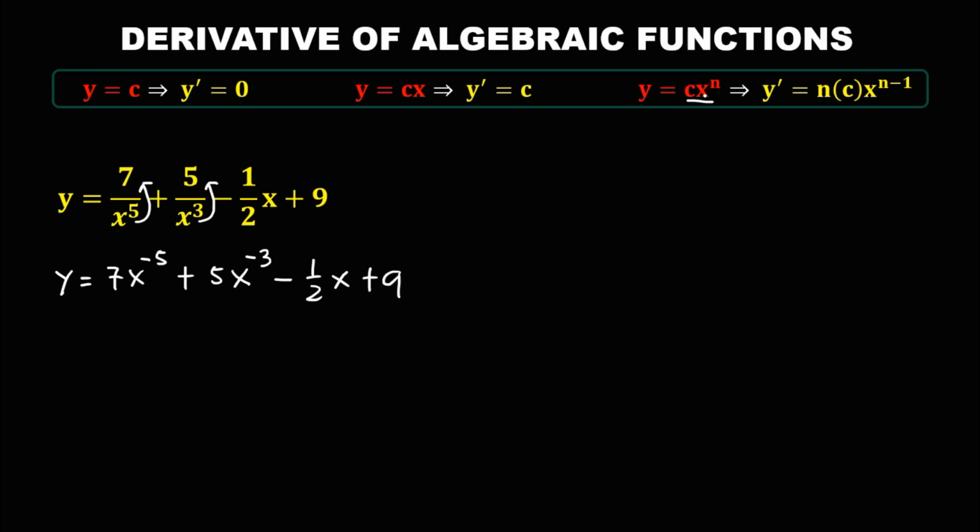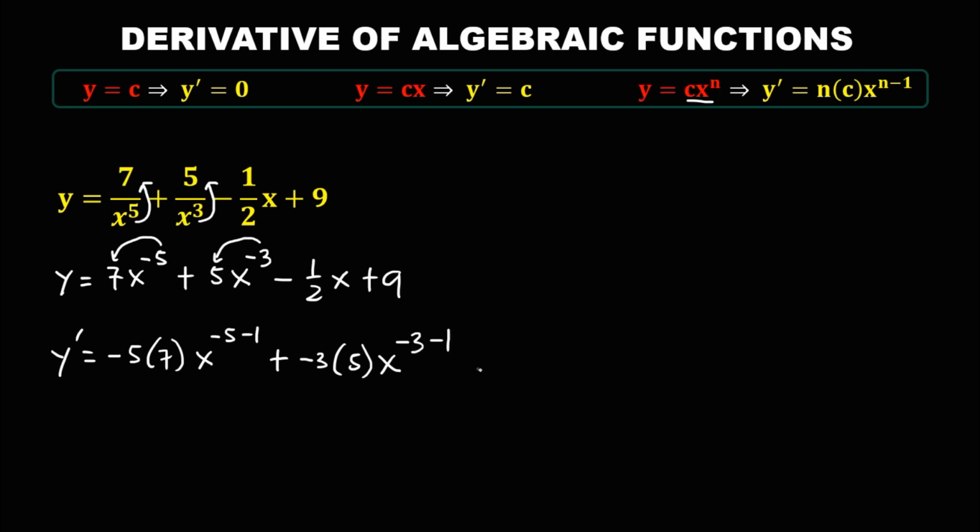Then using this formula, to find the derivative, multiply this exponent to the constant. So we have negative 5 times 7, then x to the negative 5 minus 1, then plus, multiply this exponent to the constant, so negative 3 times 5, then x to the negative 3 minus 1.